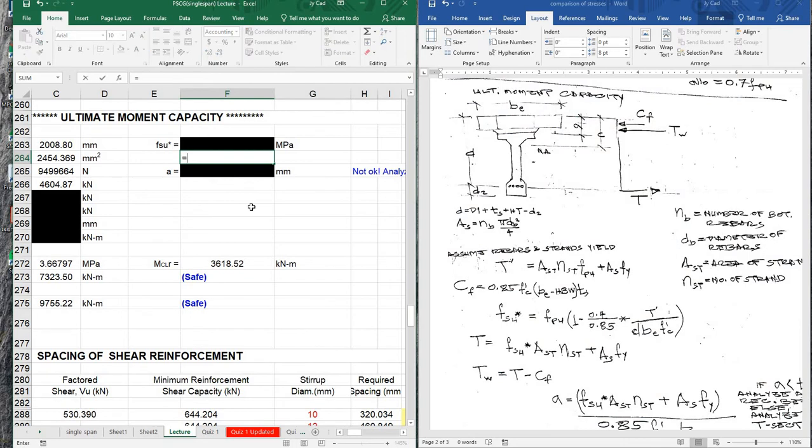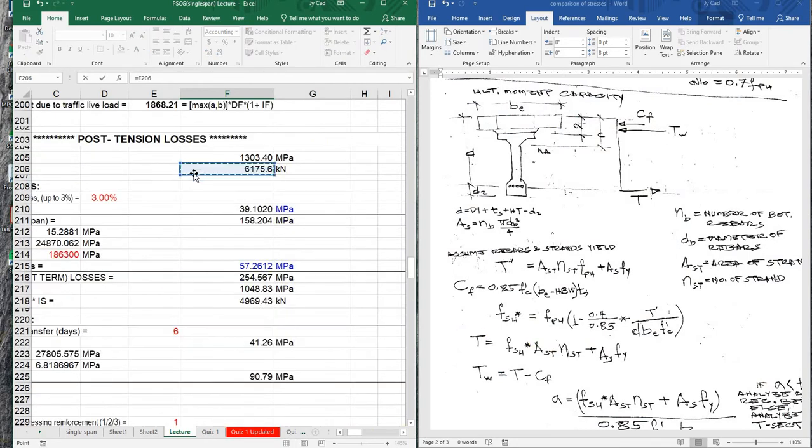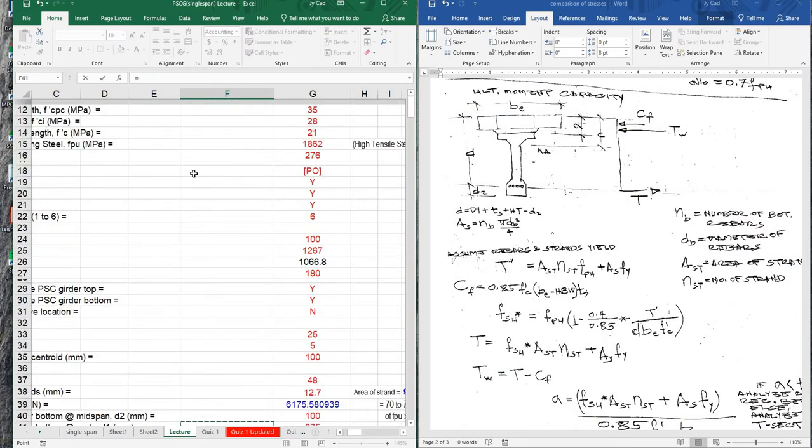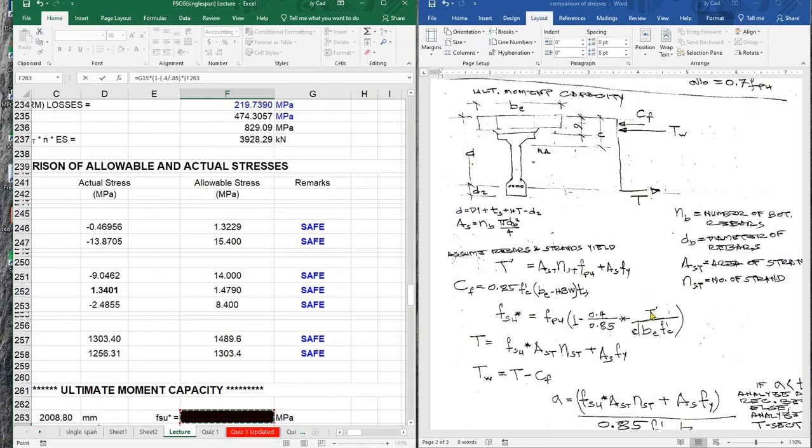So this is equal to FPU, ito siya, times the quantity 1 minus open parenthesis 0.4 divided by 0.85 close times open parenthesis, then T prime. So punta ako ngayon sa T prime.